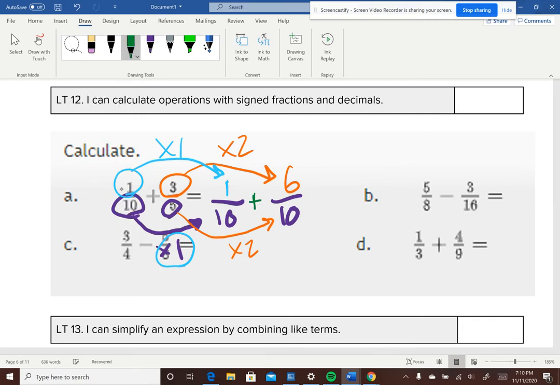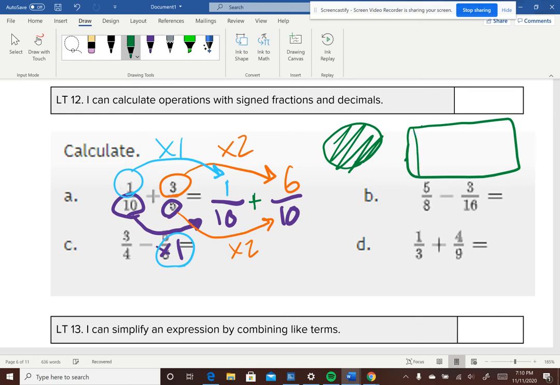And when I add these two fractions, it's not like multiplication where I just add across the bottom, because let's say I had a pizza and I divided it into 10 pieces. A pizza isn't the best thing to use for 10 pieces, so I'm going to use a big bar here and divide it into 10 pieces.